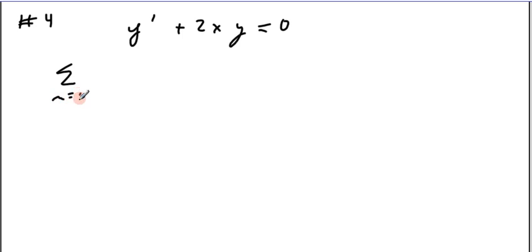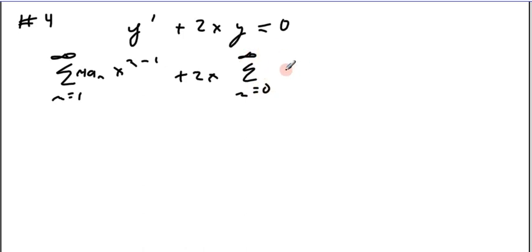Okay, number 4. Y prime plus 2xy is equal to 0. Okay, so I've got summation n equal 1 to infinity n a n x to the n minus 1 plus 2x summation n equals 0 to infinity a n x to the n is equal to 0.